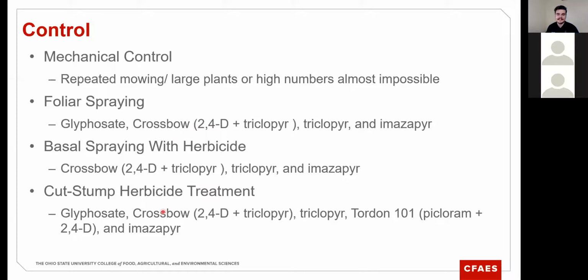Especially with those bigger plants, like I said, I really recommend the cut stump method, because with those big ones, you're going to have to spray a large area, spray up high, and not only can that be dangerous, it may not be as effective.